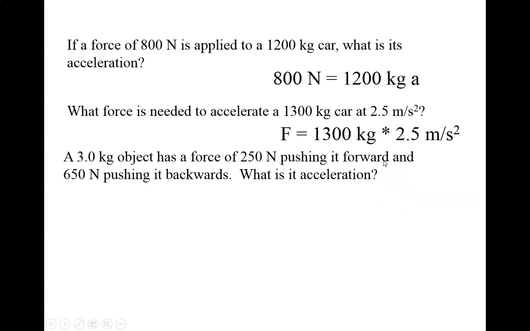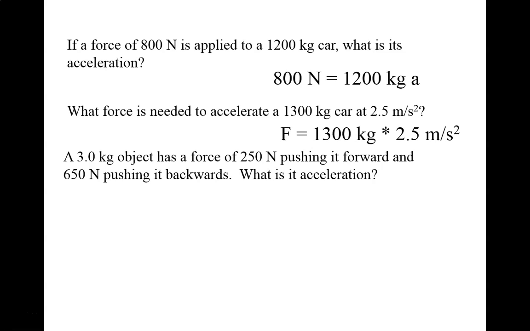A 3 kilogram object has 200 Newtons of force pushing it forward and 650 Newtons pushing it backwards. What is its acceleration? So we're back to looking for acceleration, but we're given two forces. What should we do with these two forces? Should we work two separate problems? Should we add them? Should we subtract them?